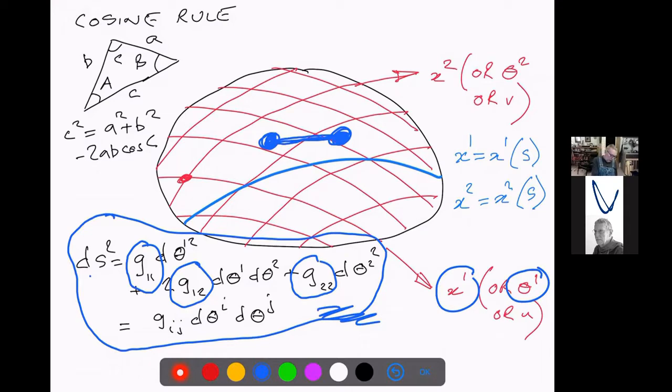So if you know how all the distances change between different points on the surface, then you know everything there is to know about the deformation of the surface. So if you understand this stuff about these G's, then you can immediately have a very simple explanation of what strain is.